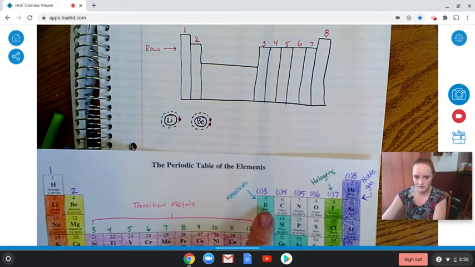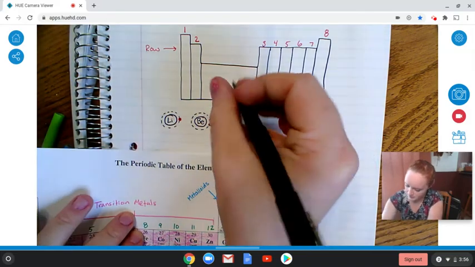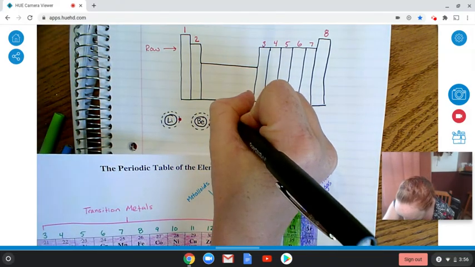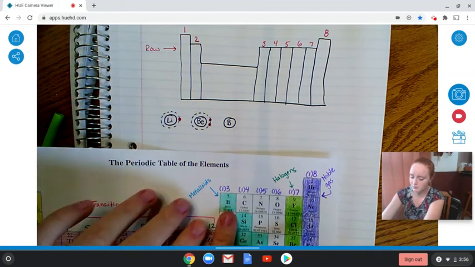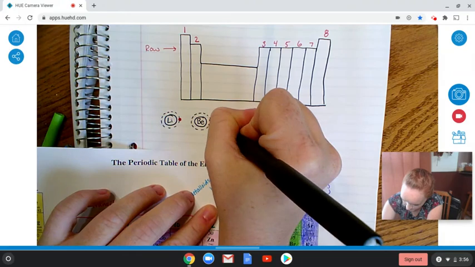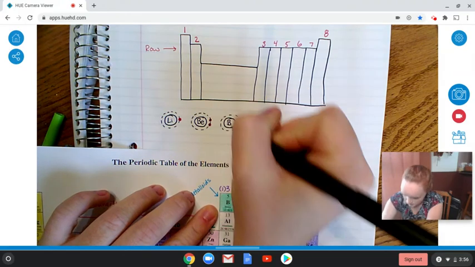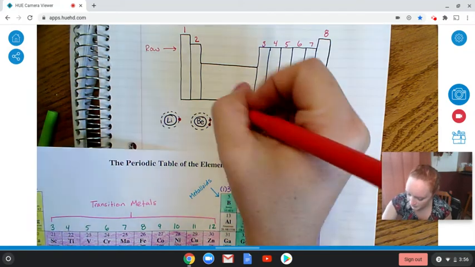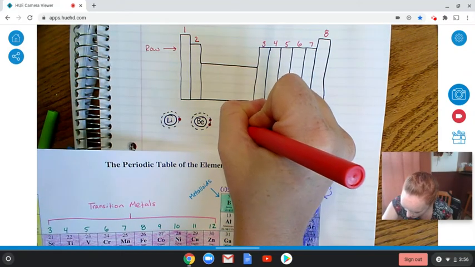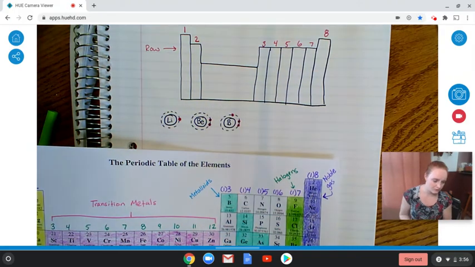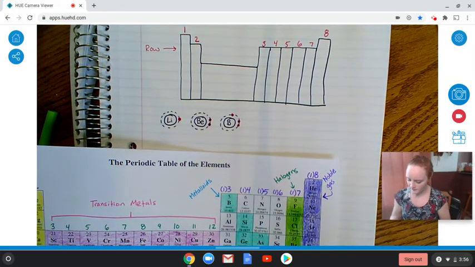Next, we have boron. And boron has 5 electrons. 2 electrons fill the first shell, and then the remaining 3 go in the valence shell. So boron has 3 in the valence shell.